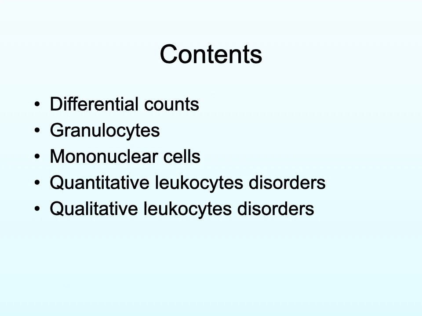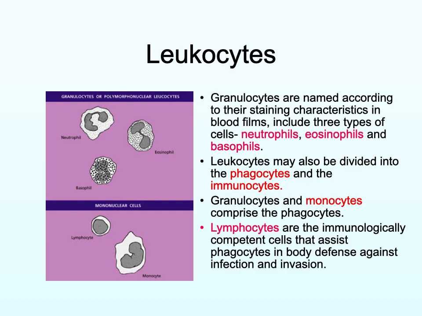So in this lecture, you're going to learn about differential counts, granulocytes, mononuclear cells, quantitative leukocyte disorders, and qualitative leukocyte disorders. So what are these white blood cells? They are leukocytes grouped into granulocytes and agranulocytes. Granulocytes are named according to their staining characteristics in blood films, and include three types of leukocyte cells: the neutrophils, eosinophils, and basophils.